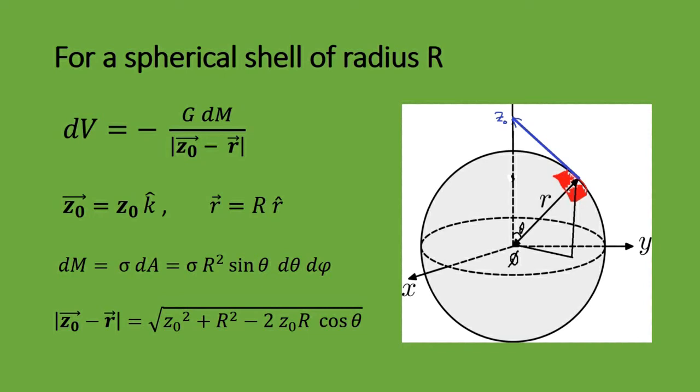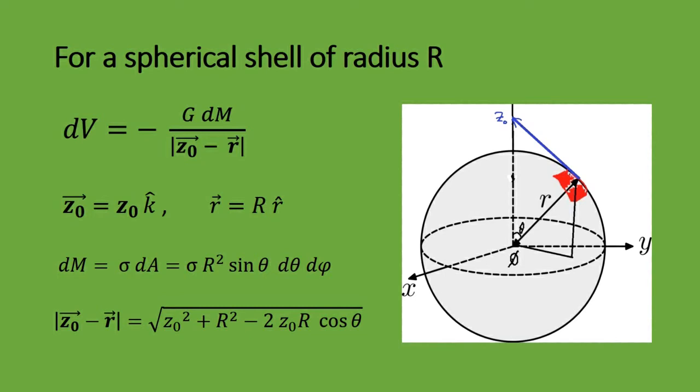So that's the length of the blue vector. Now, what is the length of the blue vector? Remember, as we discussed in the previous video, the blue vector is nothing but z0 vector minus r vector.